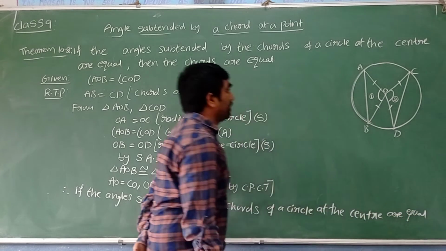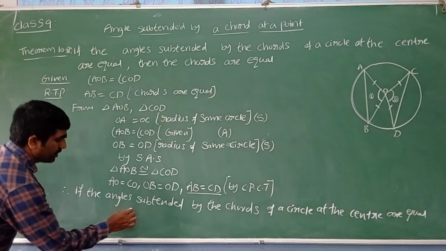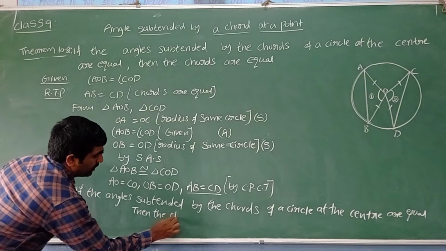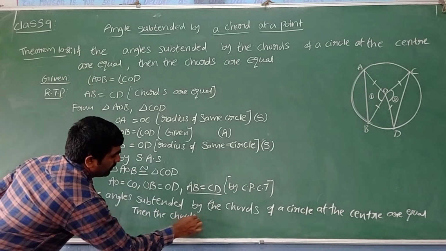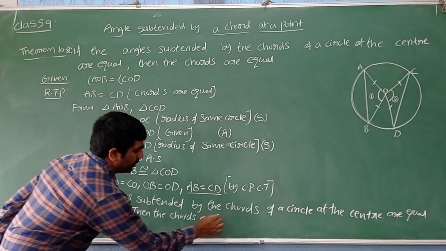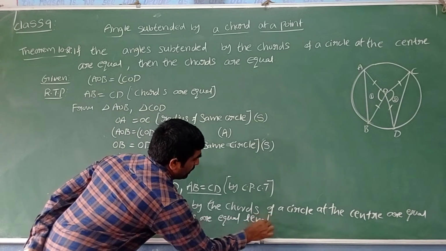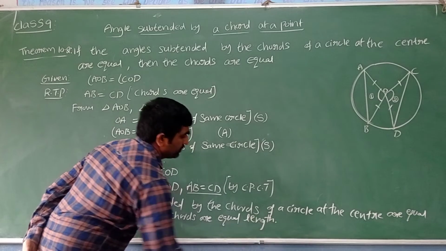If the subtended angles are equal, then the curves are also of equal length.